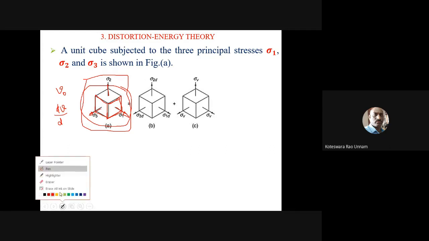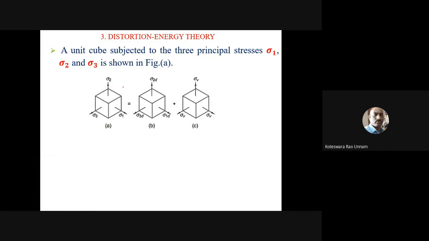I have shown it here. This is the axial loading system, and I am splitting it into two parts. One is causing only the volumetric change. That means there won't be any change in the shape of the cube. The cube remains the same, but only its volume will change. Whatever volume change happens here, the volume change of this block is also the same. So that means the volume change of this block is 0.